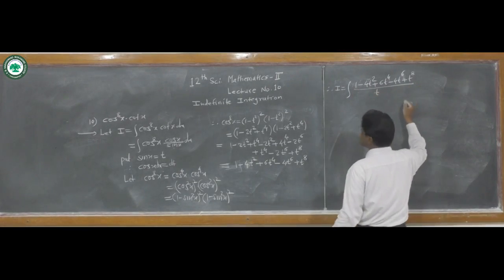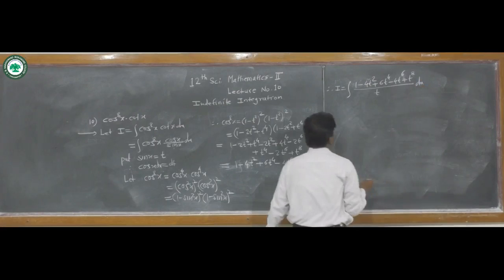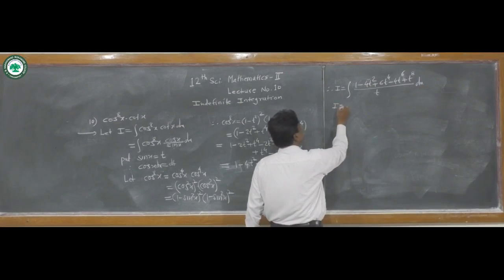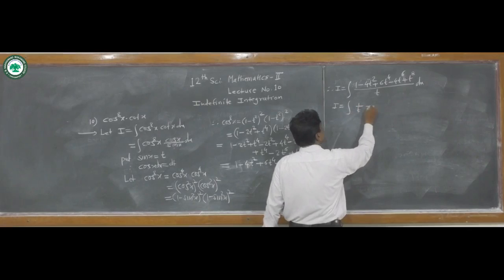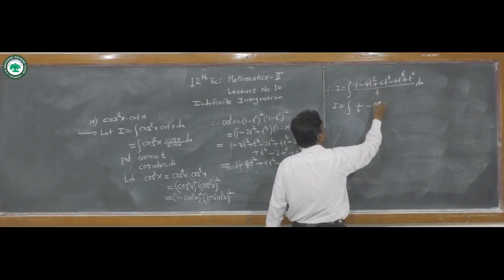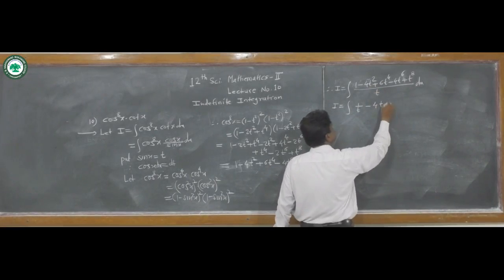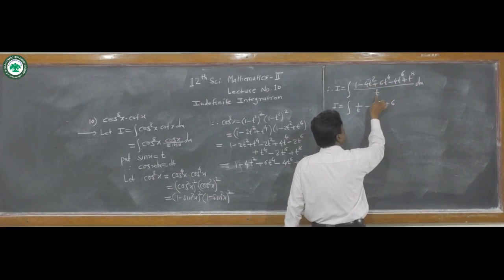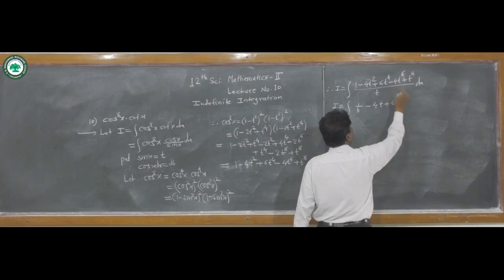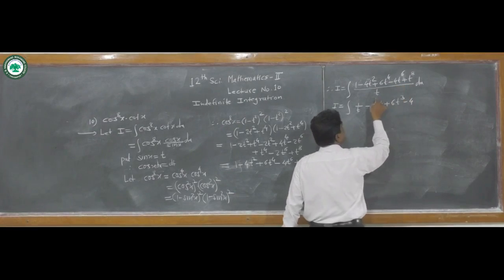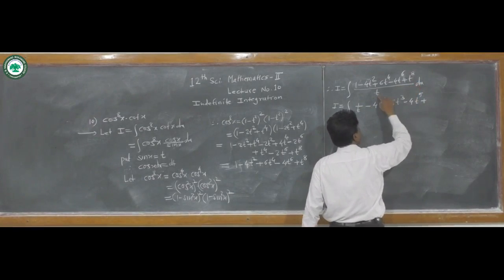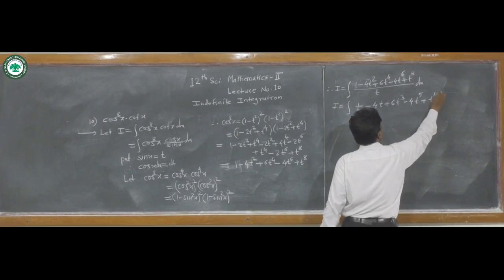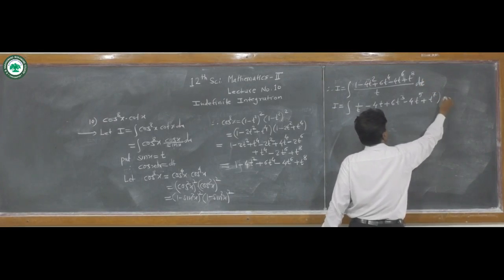So we get I equal to the integration of, dividing this t into every term in the numerator, 1 upon t minus 4t square upon t, that is t, plus 6t to the power 4 upon t, that is t cube, minus 4t to the power 6 upon t, that is t to the power 5, plus t to the power 8 upon t, that is t to the power 7, and here it is dt.